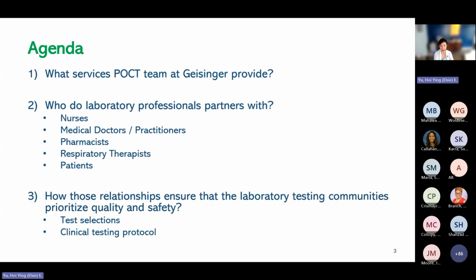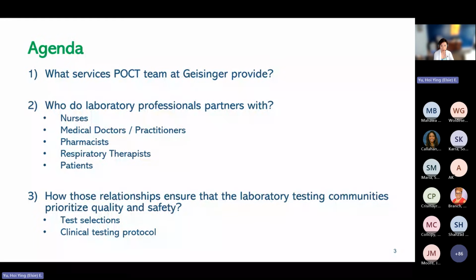In my talk today, I will briefly talk about who the laboratory partners with, including nurses, medical doctors, pharmacists, respiratory therapists, and towards the end, I will talk about a slightly different idea about thinking about patients as someone that we partner with directly.